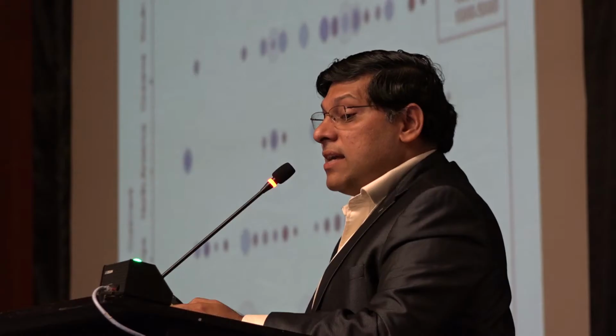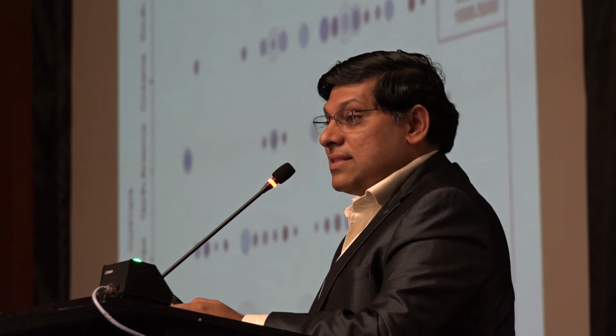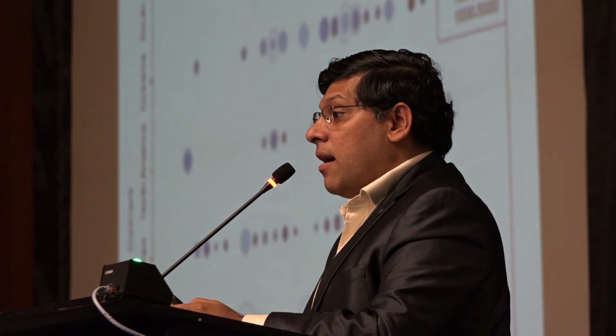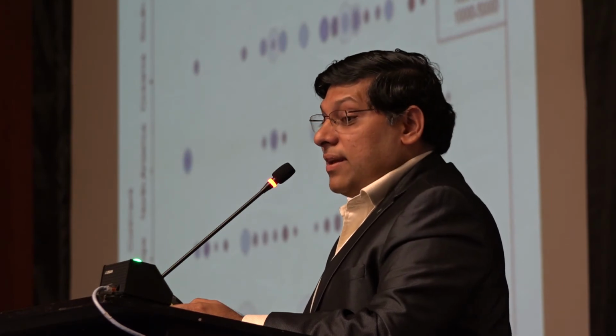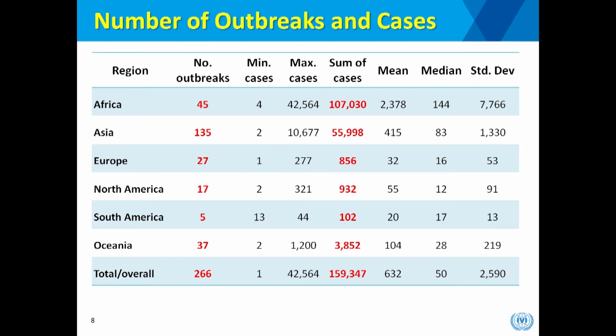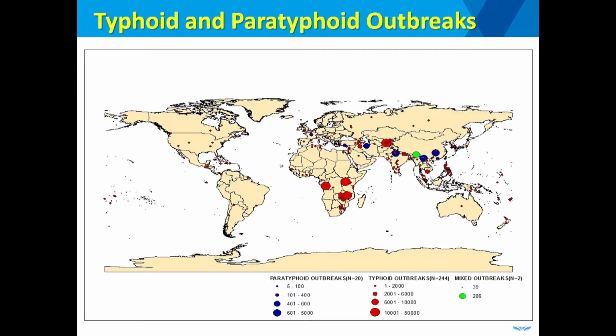And the size of the circles suggests the size of the outbreak. You can see at the lowermost, Africa and Asia, there are a lot of large-sized outbreaks happening almost every time period. And these are the numbers of outbreaks we identified in each region, and the total number of cases, with the variation in the size of the outbreaks.